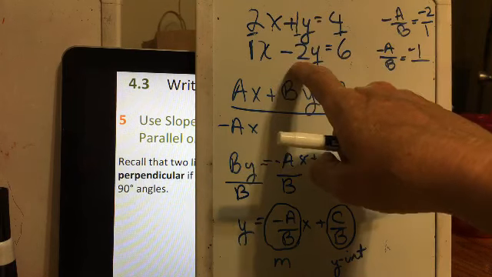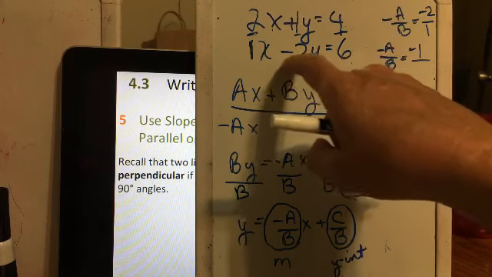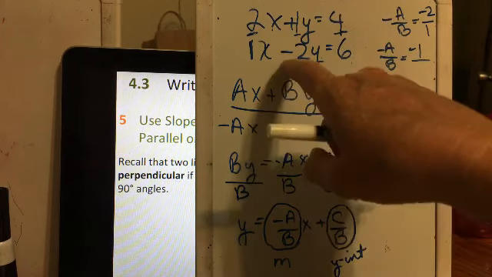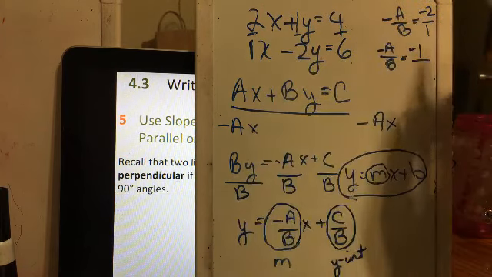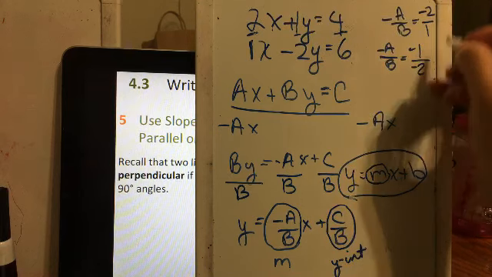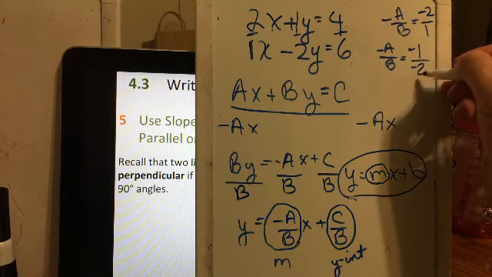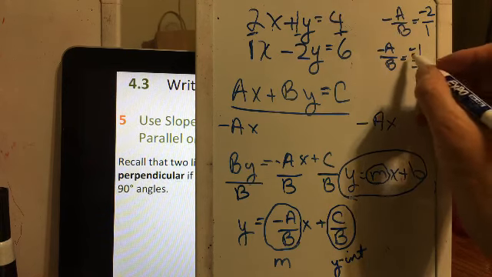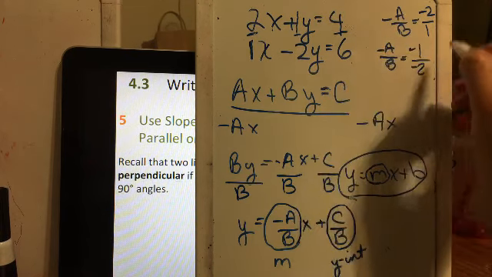And here my b is a negative 2 because my equation has a positive. So that's a negative 2 is my b. What happens when we divide a negative by a negative? We get a positive. So the slope of the second line is 1/2.